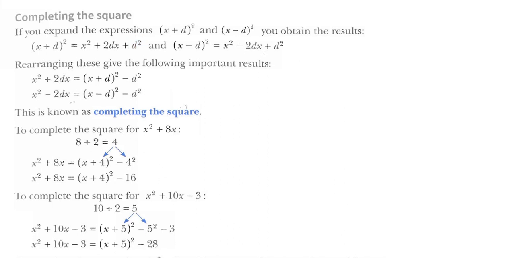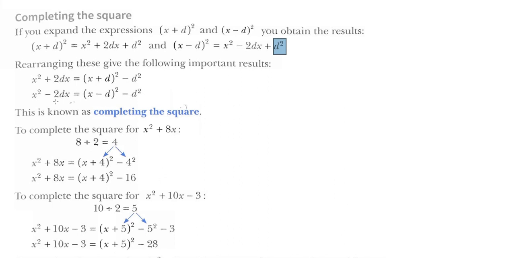Similarly, if we move this d square on the other side, we will get x square minus 2dx is equal to x minus d whole square minus d square. This is known as completing the square.